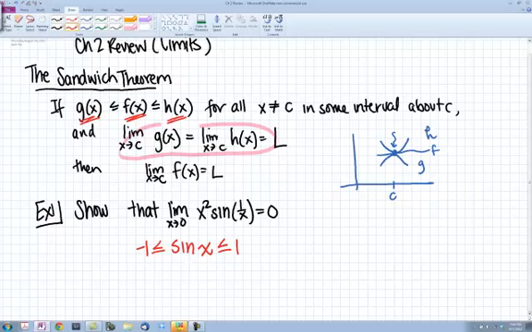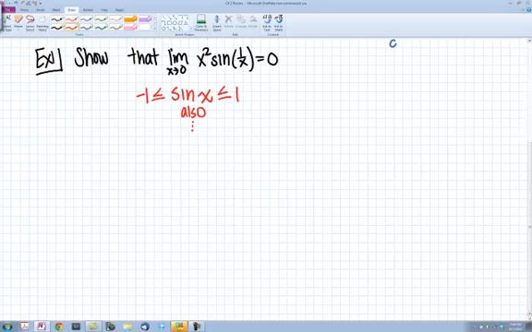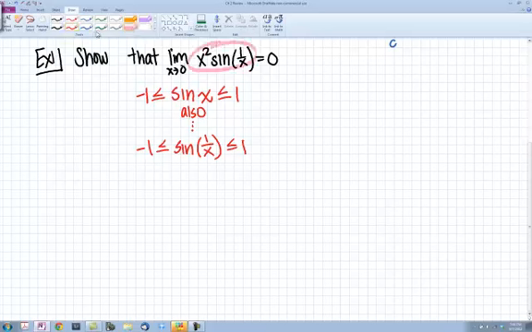So that should also mean that sine 1 over x is less than or equal to 1, because sine of anything, no matter what it is, in this case now it's a 1 over x, must still be between negative 1 and 1. Now I know this isn't the one we're trying to figure out. We're trying to figure out the limit of x squared sine 1 over x.